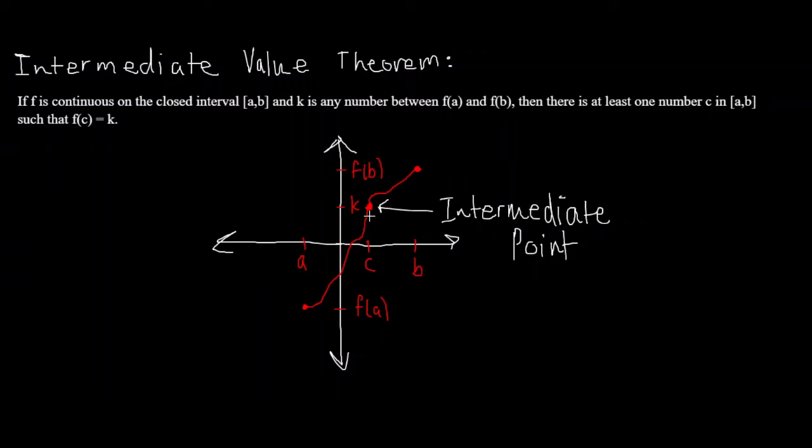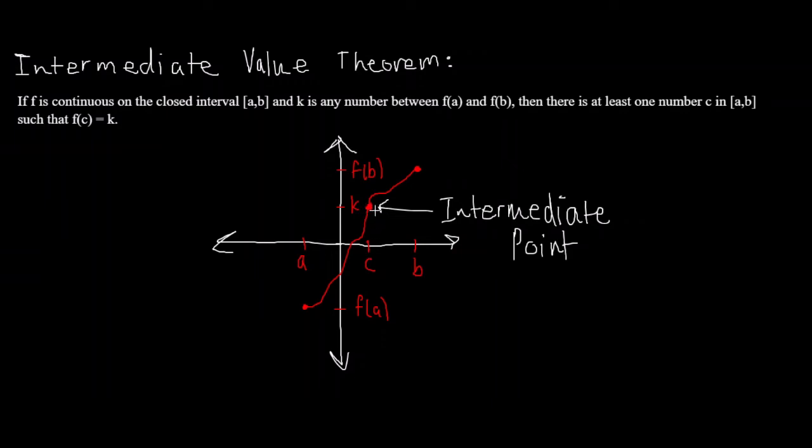Now that may seem like a lot, but it really isn't as complicated as it sounds. What does this mean? All it means is that if we have an interval of x values between a and b, there's some value c in the middle, and if we have f of a and f of b as our y values, there's some value k in the middle.